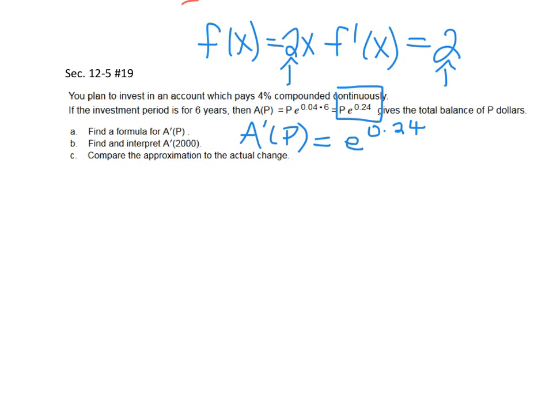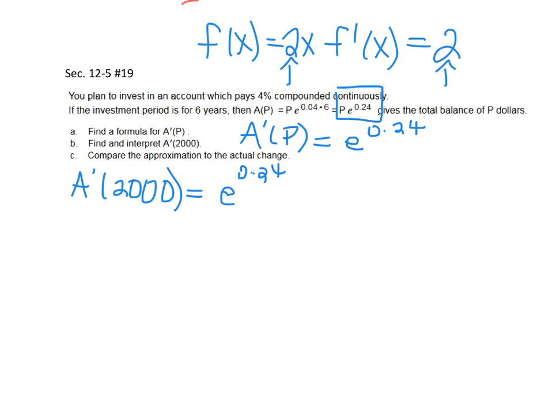If you plug in to that formula A prime of 2000, notice that actually for any principal, it doesn't matter what the principal is, the rate of change is going to be e raised to the 0.24 power, as long as your original interest rate is 4% and the time period is for 6 years.